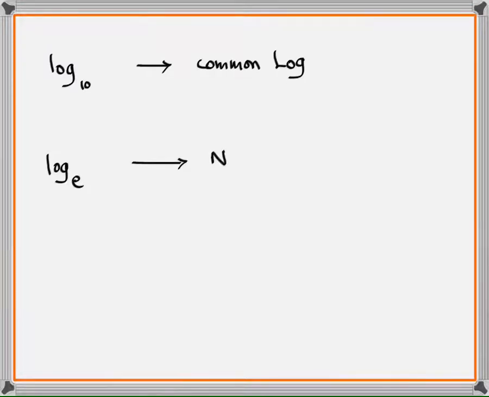So now, log to the base 10, this is called the common log. And of course, there is a history behind it. Why is this called common log? And why log to the base e, where e is an irrational number, 2.718 and so on, a very famous number. Log to the base e, that is called a natural log.